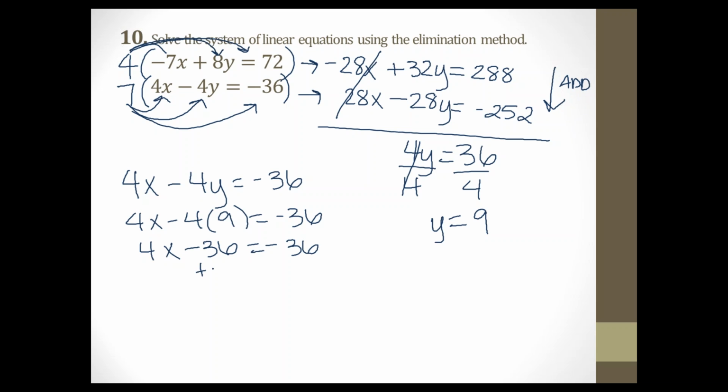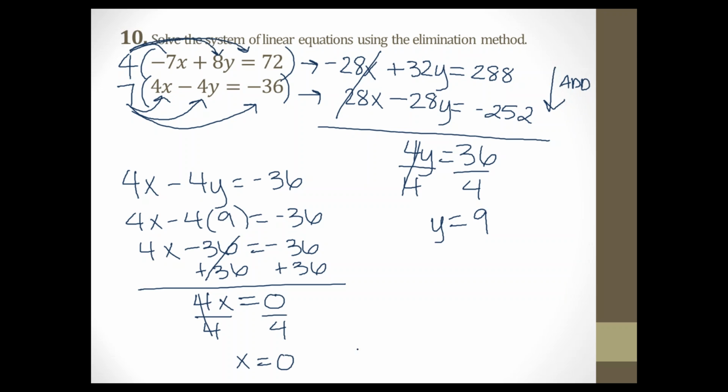So then if I'm going to add 36 to get 4x by itself, that cancels this out here. I'm going to bring down my 4x equals -36 plus 36 is 0. And then to solve for x, I'm going to divide by 4, and 0 divided by 4 equals 0.